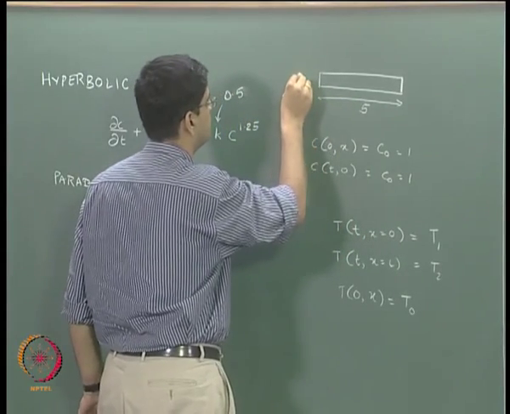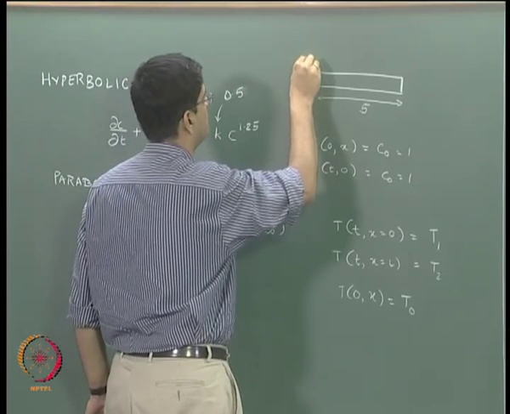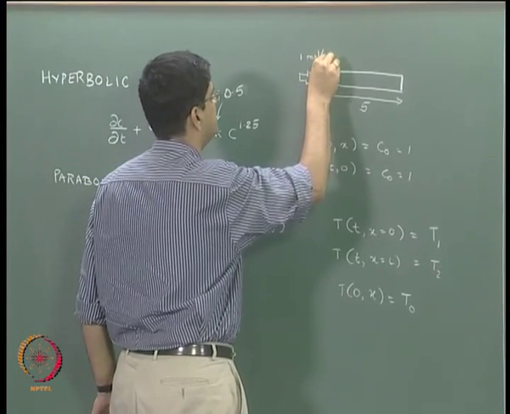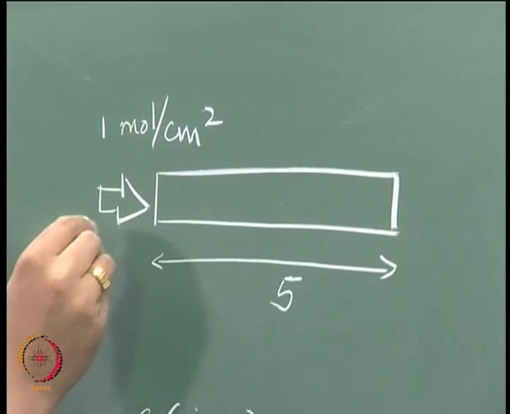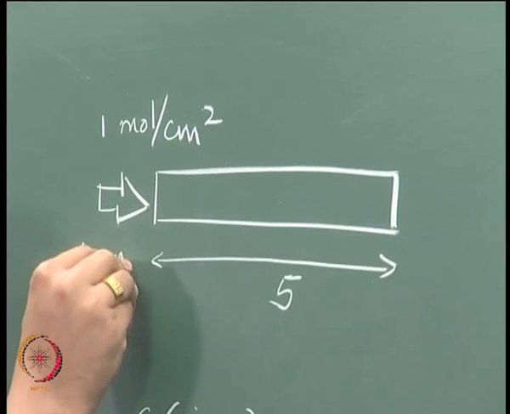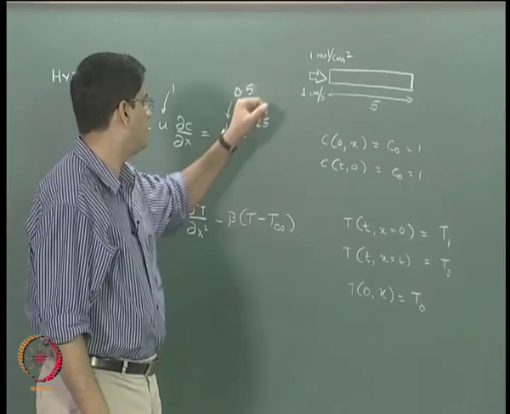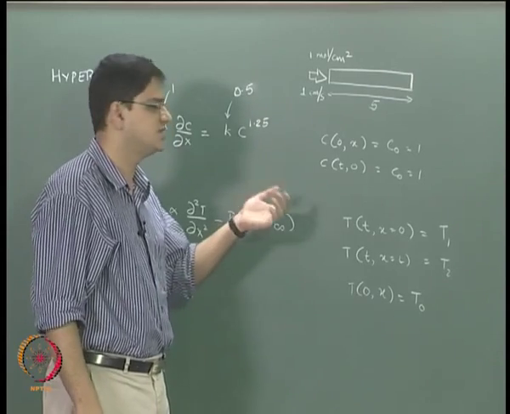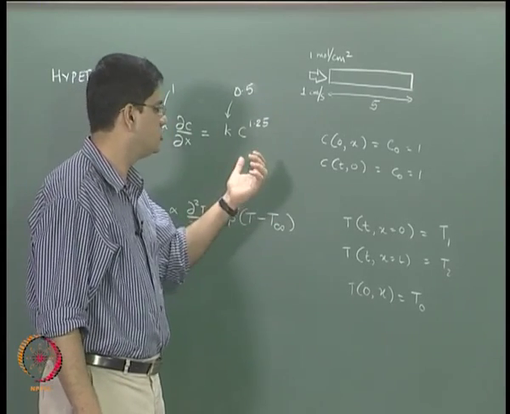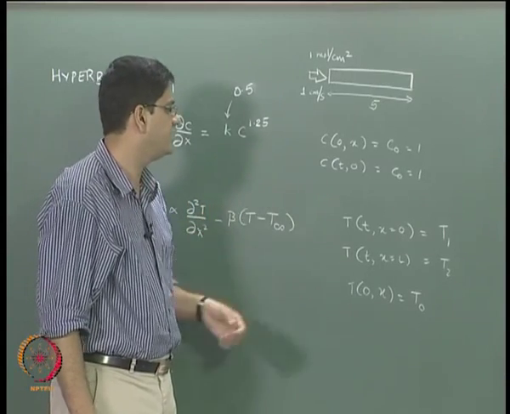The inlet concentration was 1 mole per centimeter squared, the inlet velocity was 1 centimeter per second, and our k value was 0.5 moles per centimeter cubed to the power minus 0.25, divided per second.